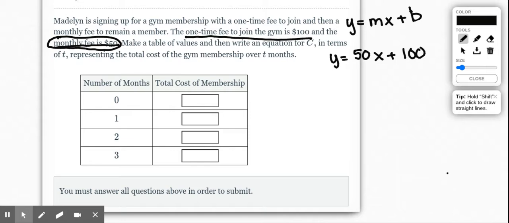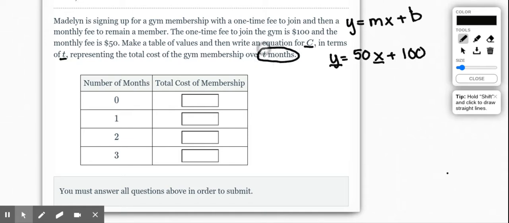Now, I would like you to notice that in the very last sentence, it says make a table of values, then write an equation for C in terms of T, representing the total cost of the gym membership. So what that is saying is, instead of using y and x, they want you to use C and T. The way you can tell which one is which is right here. It says over T months.